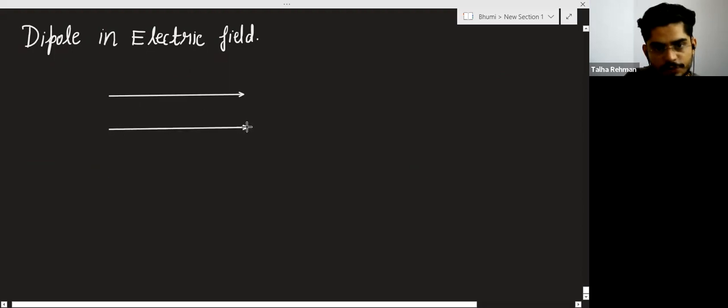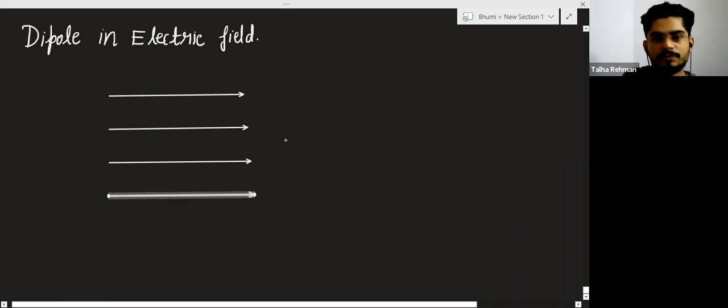This uniform electric field is represented by these types of parallel lines, equally spaced parallel lines. E is for electric field and this is uniform.